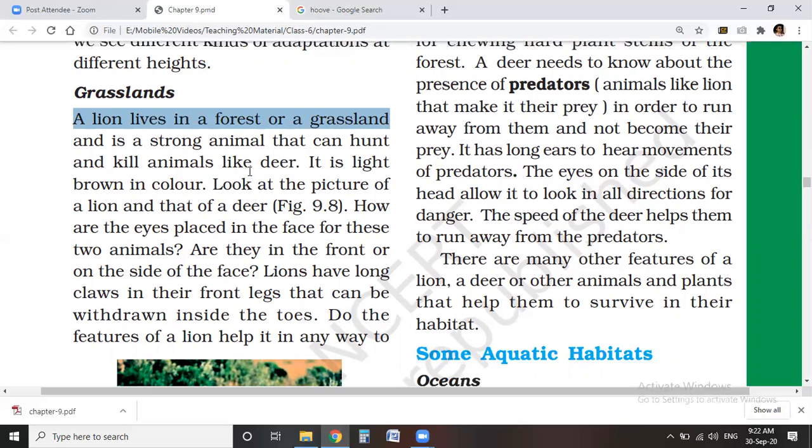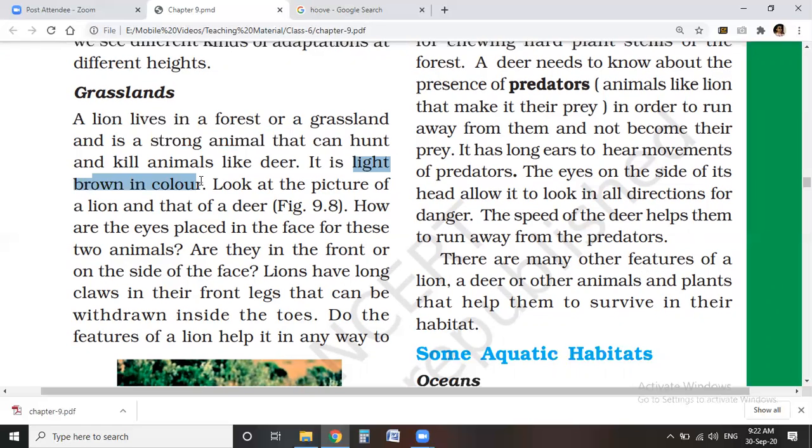A lion is a strong animal that can hunt and kill animals like deer. When we talk about its color, it is light brown, like grass, and this adapted color also helps the lion to hide in the grass to hunt the deer.